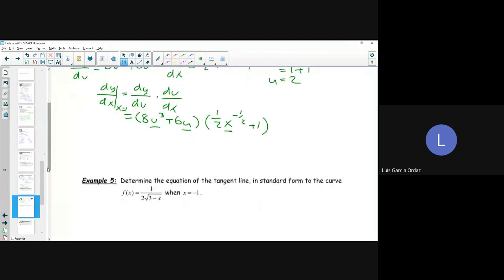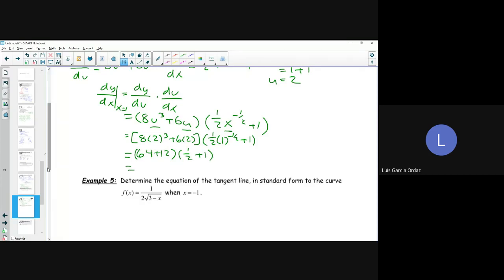So what I'm left with is 8 times 2 cubed plus 6 times 2, times 1/2 times 1 to the power of negative 1/2 plus 1. So when I simplify my first bracket, I get 64 plus 12 multiplied by 1/2 plus 1.